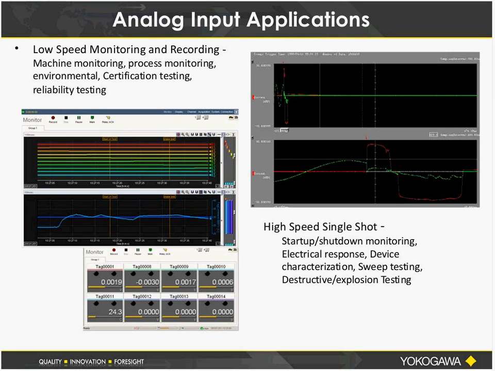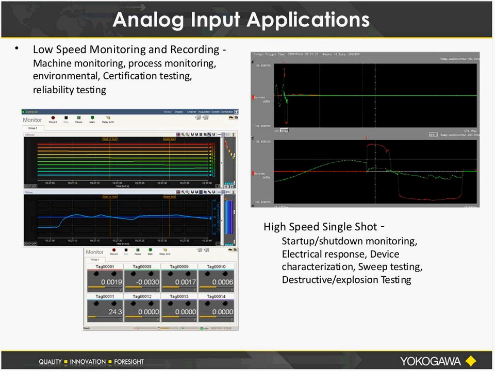And then the last way I'm going to classify data acquisition, or define the roadmap of how we're heading, is by types of applications. Depending on the speed and the context of your measurement, the two most common that we see are, first, a low-speed monitoring and trending type of application, where it behaves like a chart recorder or a plotter that just trends and rolls the display of the computer or the instrument from one side of the screen to the other.